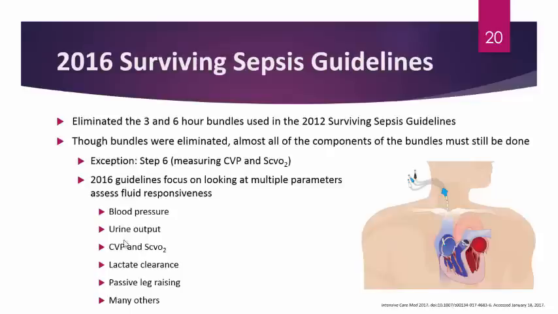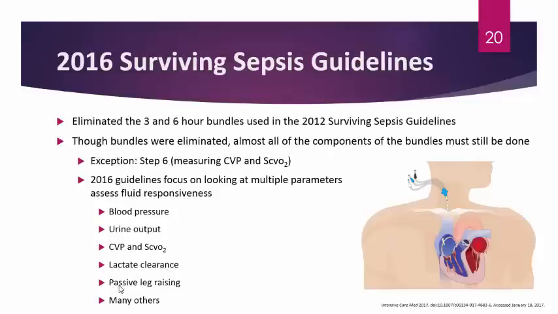Urine output, seeing that your patient's urine output is increasing if your patient had an acute kidney injury in the first place. Again, CVP and SCVO2, lactate clearance, which we just talked about briefly with the lactate decreasing about 10 to 20% every 1 to 2 hours.